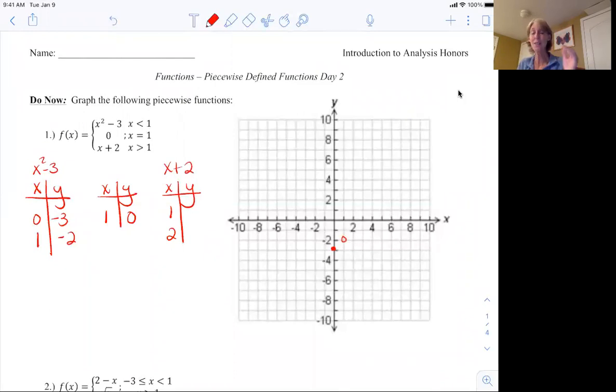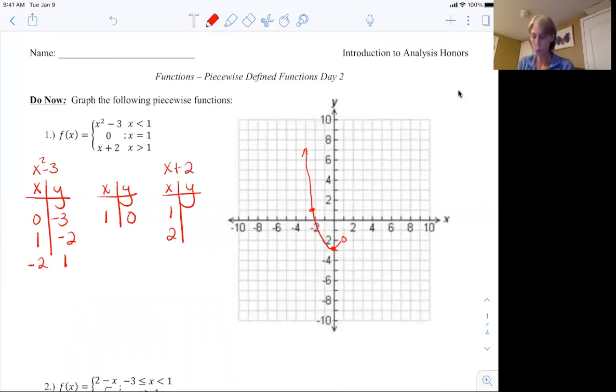I know it's a parabola shifted down 3 units. You might be able to visualize this, but if you needed to, take another value. Plug in negative 2, and you would have the point on the curve. Then you'd really see that parabola. So if you need more than 2 points, that's fine.